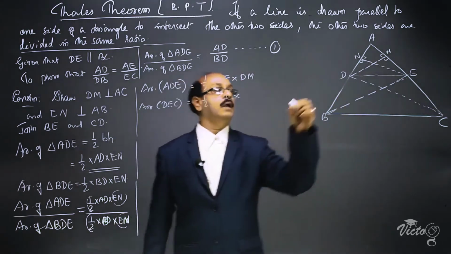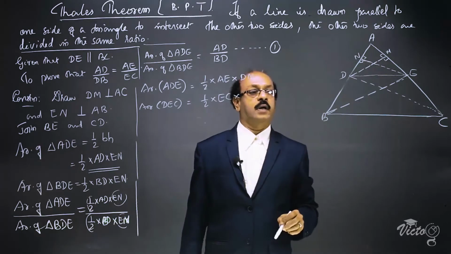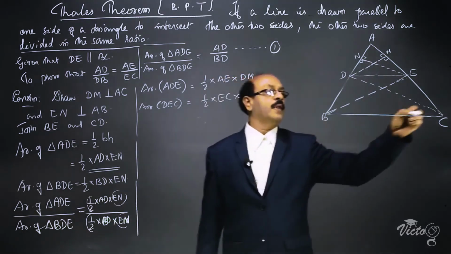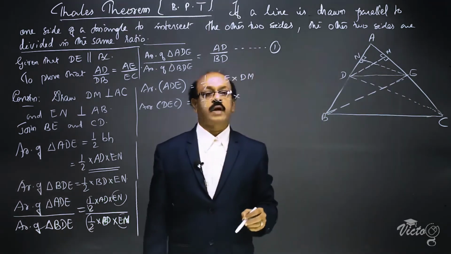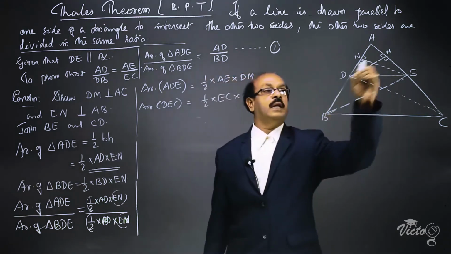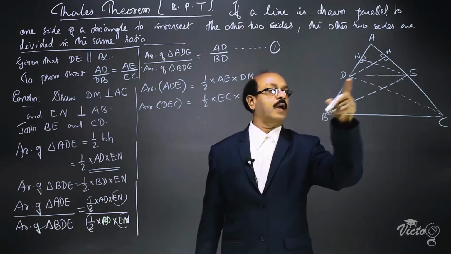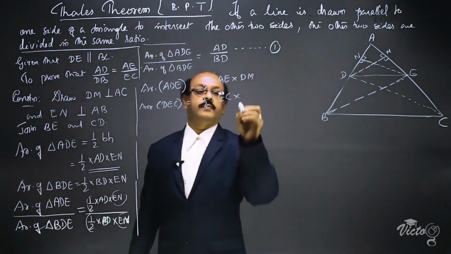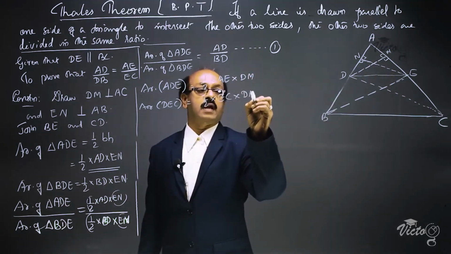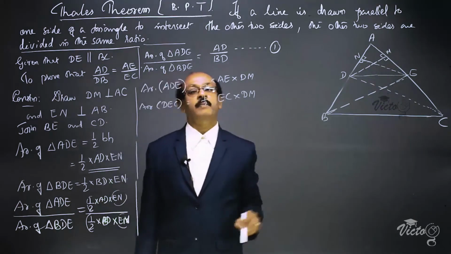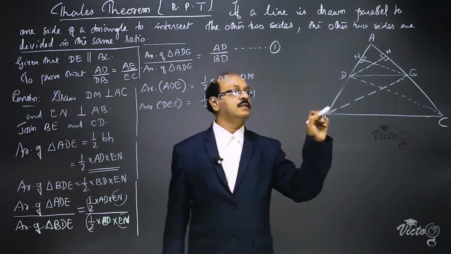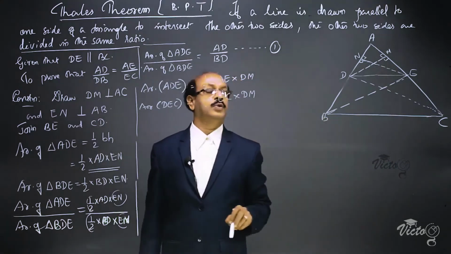So we are taking DM as the perpendicular, as the altitude, because AC is the extension of the side CE. So DM is the altitude of triangle DEC. Area of triangle ADE is equal to half into AE into DM, and the area of triangle DEC is equal to half into EC into DM.